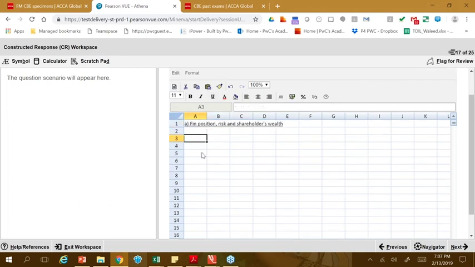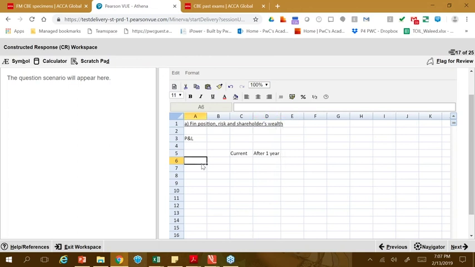Now, for the financial position, we will need a P&L extract. So P&L extract, simply think of the current P&L and after 1 year. And within P&L, just put the structure down from the question.